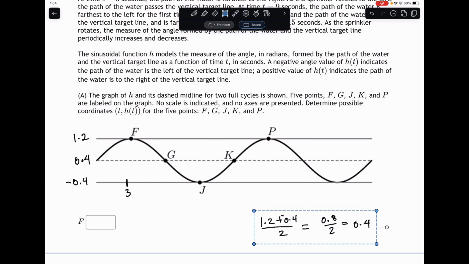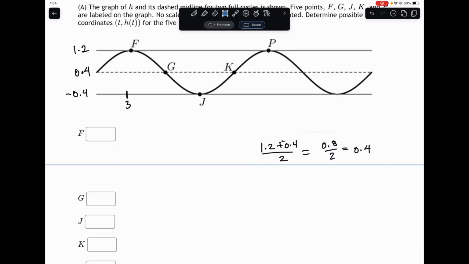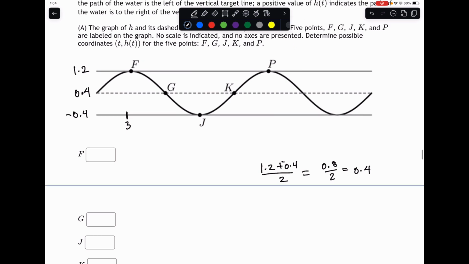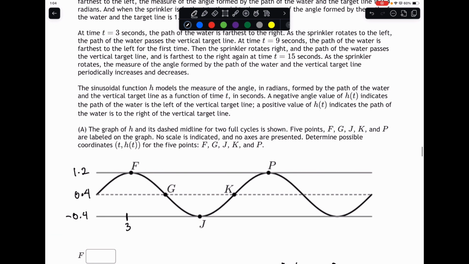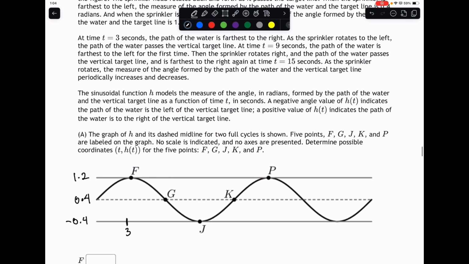So it starts at the right, and then the first time it goes to the left and has a negative angle is at 9 seconds, so that occurs here at the bottom at 9. And then the next time it's farthest to the right is at 15 seconds.